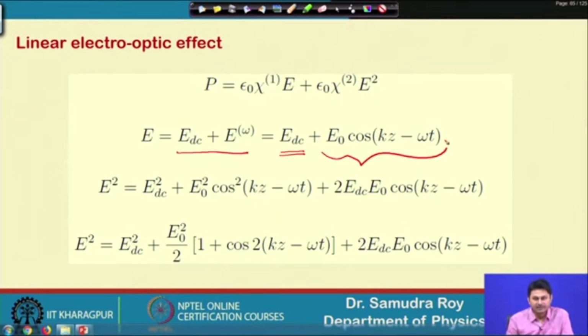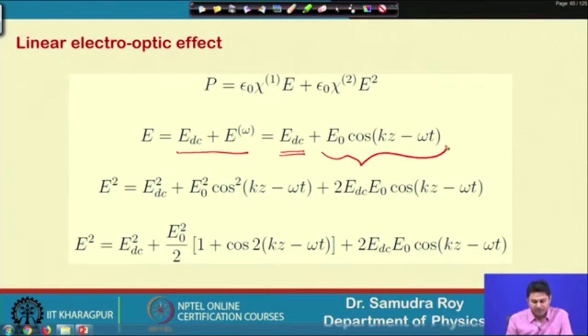Since it is E0 cos(kz minus omega t), it is a real term, and E DC is also a real term, but the important thing is that E DC does not have any frequency component, whereas E omega has the frequency component omega.